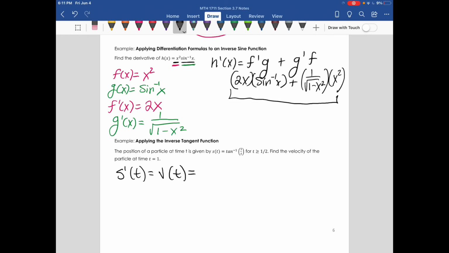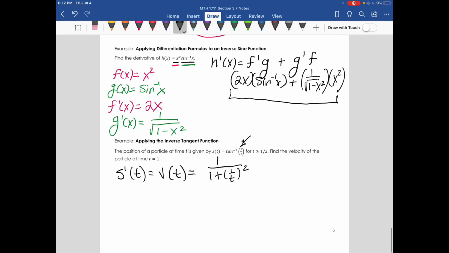And so I need to take the derivative of inverse tangent 1 over t, and we know that our derivative for inverse tangent is 1 over 1 plus, and then inside here, that would be our inner function. So our inner function here is 1 over t, so I'm going to plug in 1 over t here.